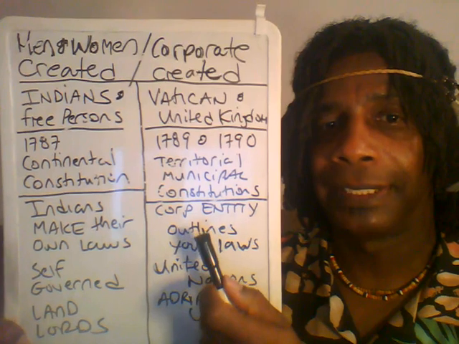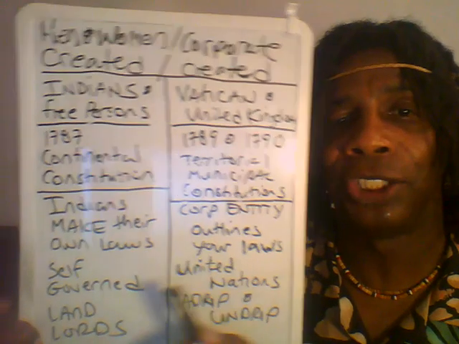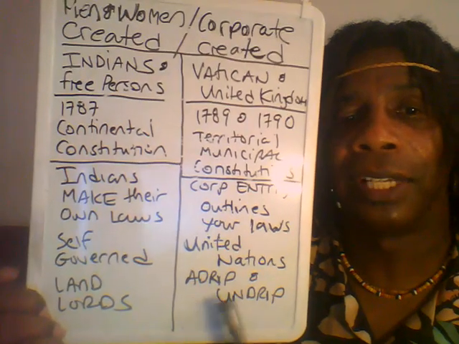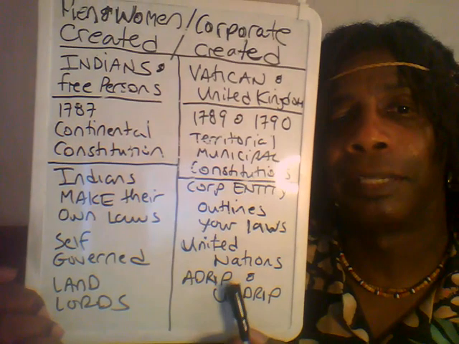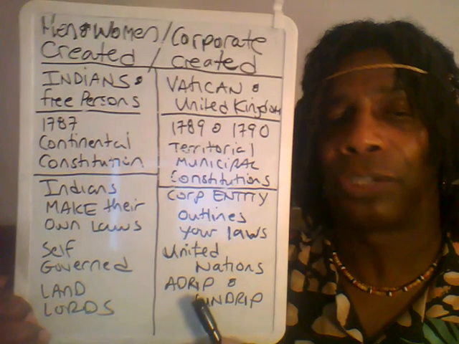It's a corporate entity, it makes your laws, it's got connections to the United Nations, and then the United Nations goes ahead and creates UNDRIP, and then some corporate Indians, $5 Indians, create ADRIP.